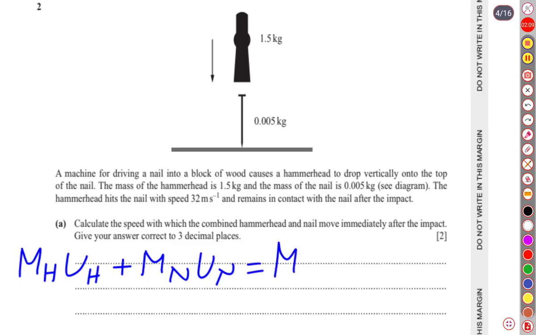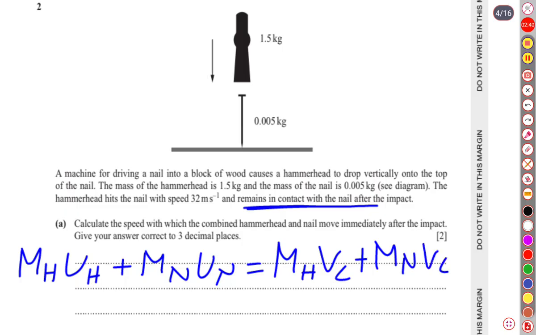After the collision, it is written that it remains in contact with the nail, so both of them have coalesced, and we write the velocity of the coalesced object.